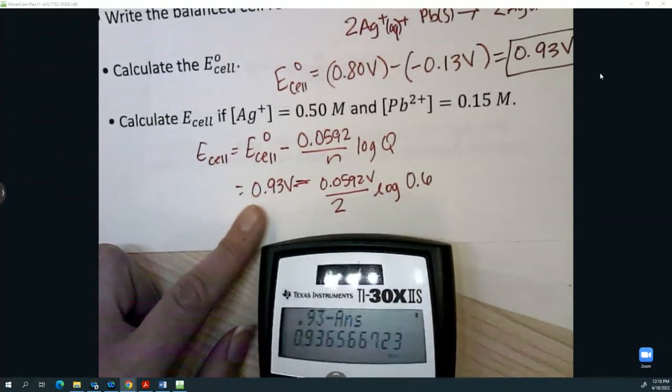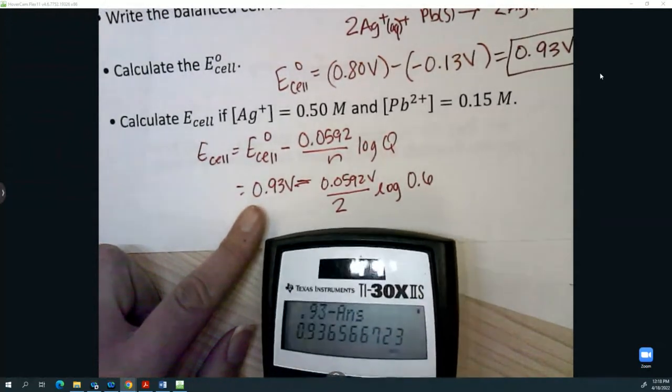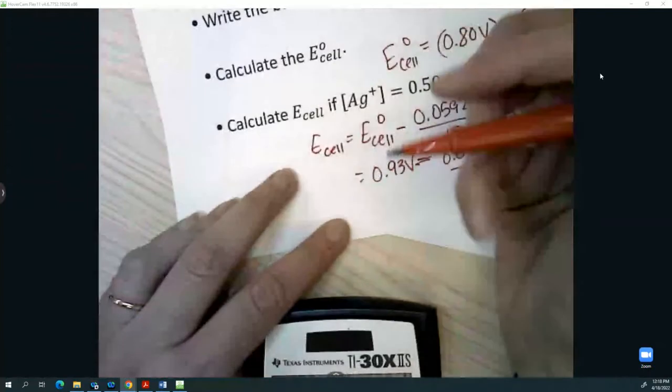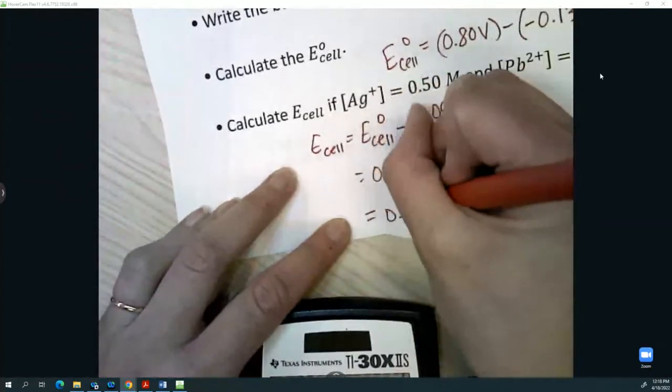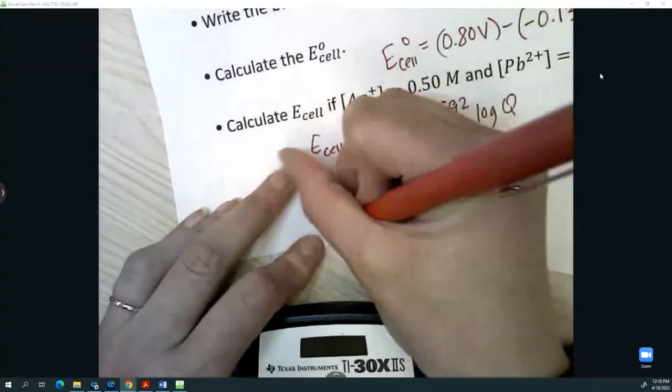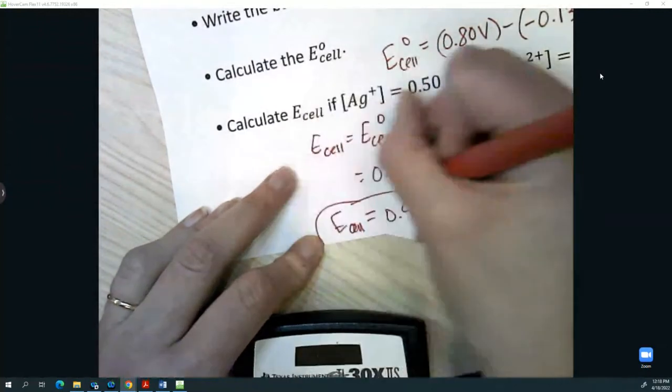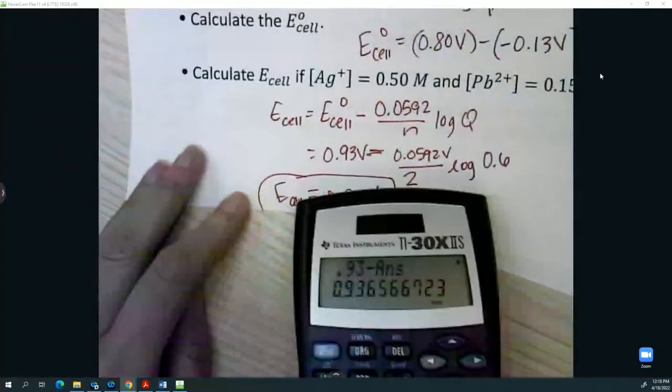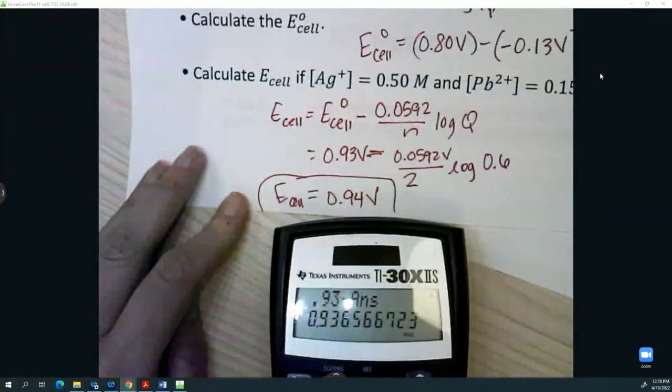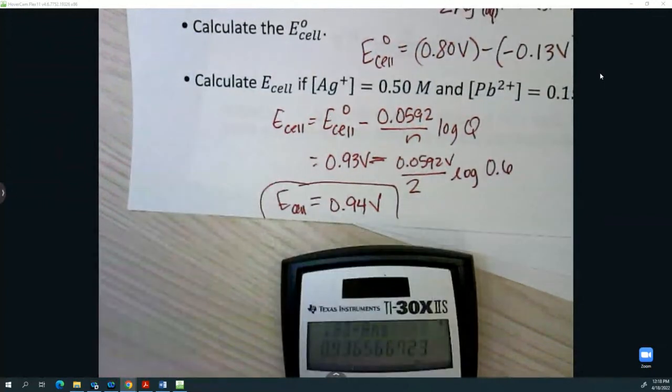So it ends up being, to 2 sig figs, 0.94. So it didn't change by much. All right, so that's that one.